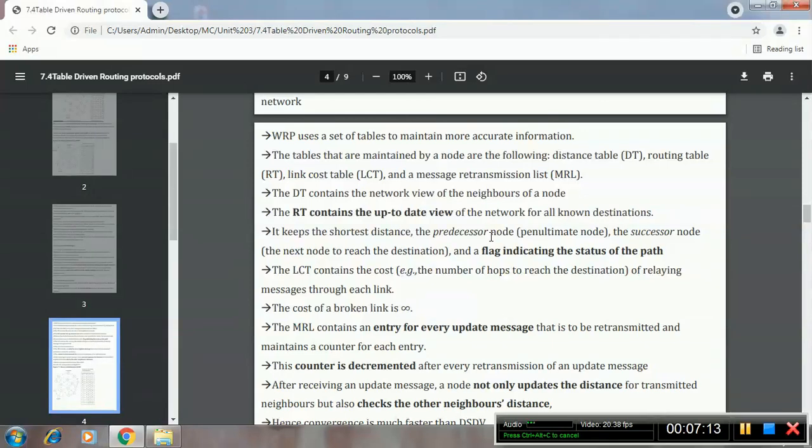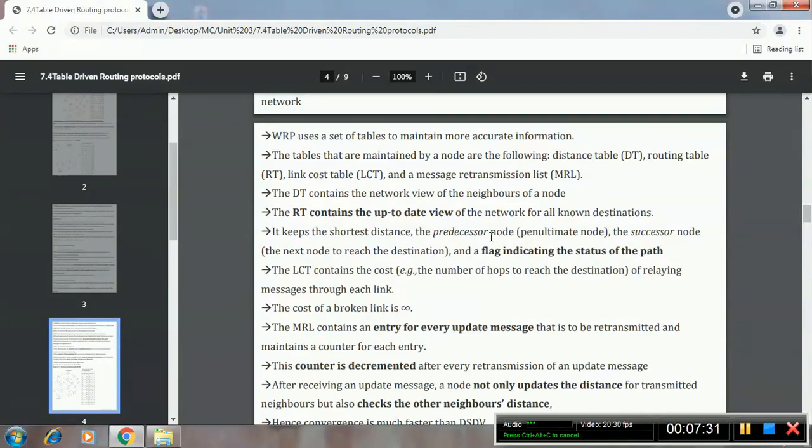The link cost table contains the cost of relaying a message through each link. So for each link, how much cost it is going to be. Here, cost we can consider as the distance from one node to another node.